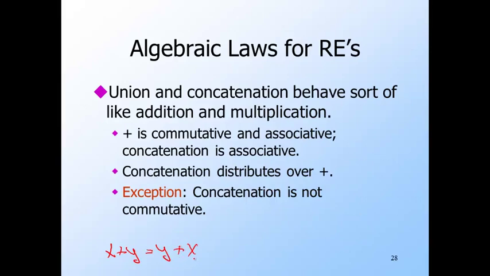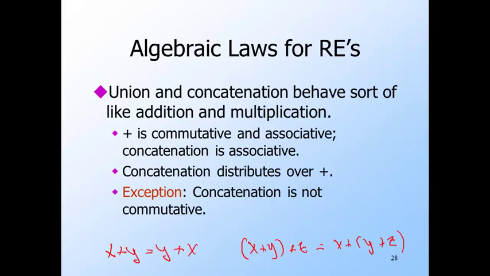Okay. The associative law says that you can group the operator in any order, or formally x plus y grouped plus z equals x plus the grouping of y plus z. That is, you can apply plus to the first two arguments first or apply it to the last two arguments first. It doesn't matter. The result is the same.